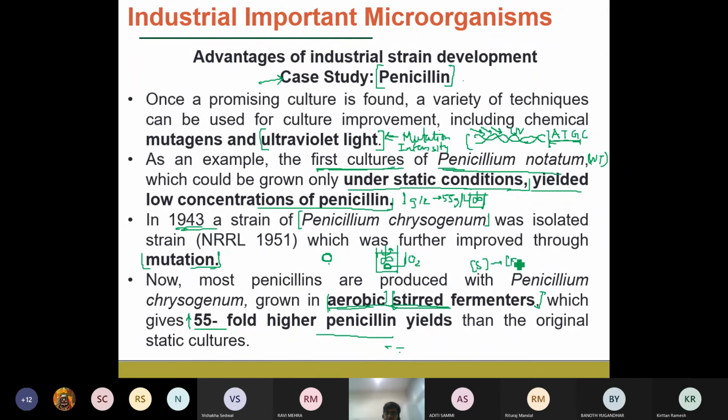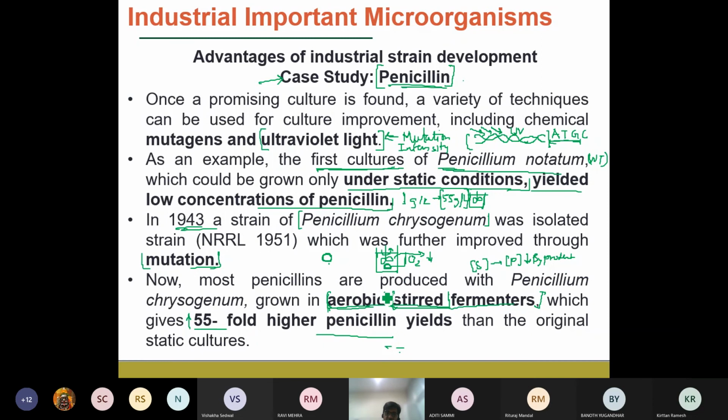When we have such a high conversion of substrate to product, it also leads to the formation of lower byproducts, right? So when you have 55 grams per liter of penicillin in this bioreactor, we require far fewer downstream processes to separate and purify that product. So this is one case study example of penicillin: by using mutation, we can significantly improve the productivity, and also the processes or the fermenters in which you are going to produce it.